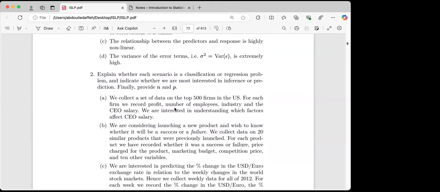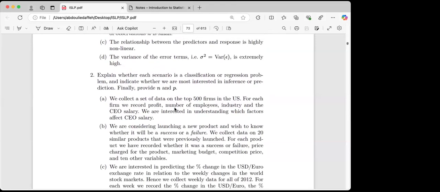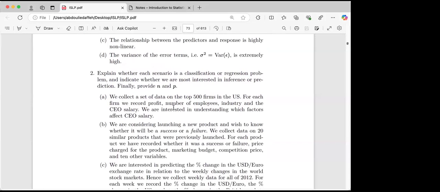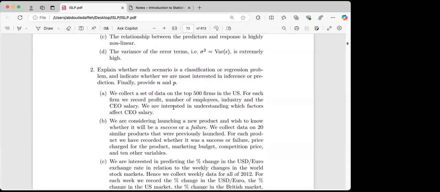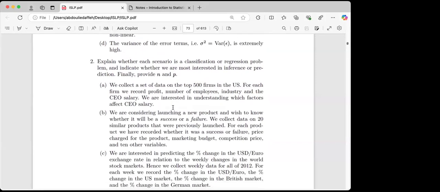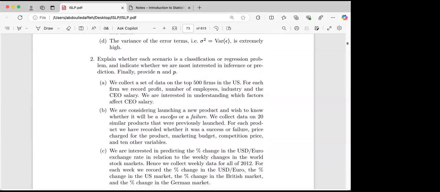Yeah, I think this one is more like: explain whether each scenario is a classification or regression problem, indicate whether we are most interested in inference or prediction, and finally provide n and p. So we collect a set of data on the top 500 firms in the US.